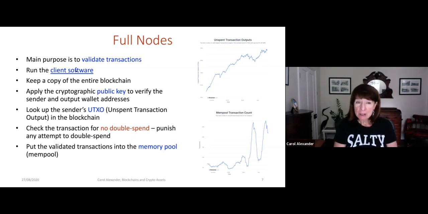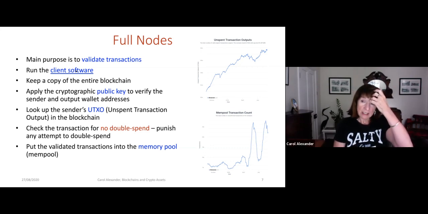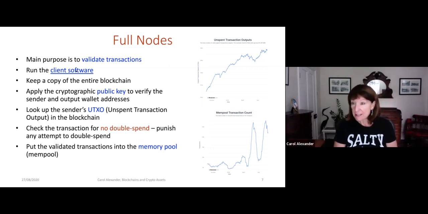And the main purpose is to apply the public key to verify transactions, to make sure that the sender and the output wallet addresses are bona fide, and particularly look up the sender's UTXO on the blockchain. And with the help of the light nodes, they will check the transaction for no double spend and punish any attempt to double spend by banning that node from the network.